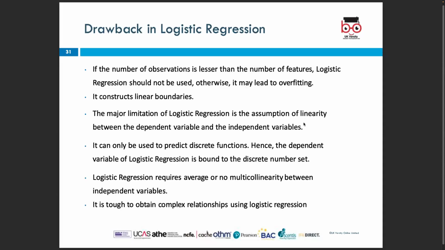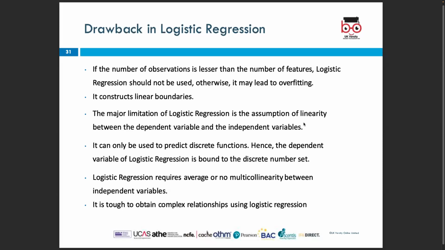The drawback in logistic regression: if the number of observations is lesser than the number of features, logistic regression should not be used. Otherwise, it may lead to overfitting. It constructs linear boundaries. The major limitation of logistic regression is the assumption of linearity between the dependent variable and the independent variable.